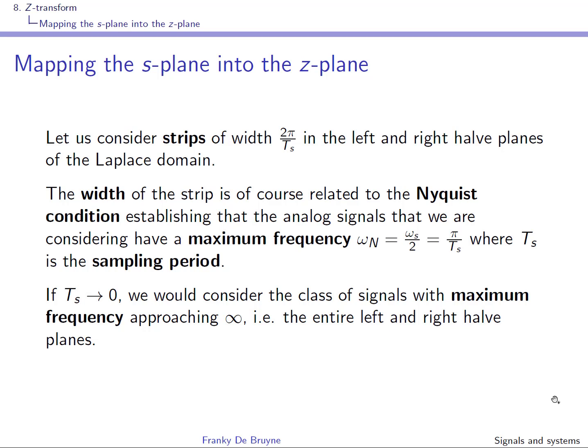This condition says that when you sample analog signals, the frequency content should not go above the maximum frequency omega n, which is the Nyquist frequency, pi over Ts, where Ts is of course the sampling period. When the sample period tends to 0, the width of the strip will tend to infinity, and in the limit this central strip will cover the whole left and right half planes of the Laplace domain.